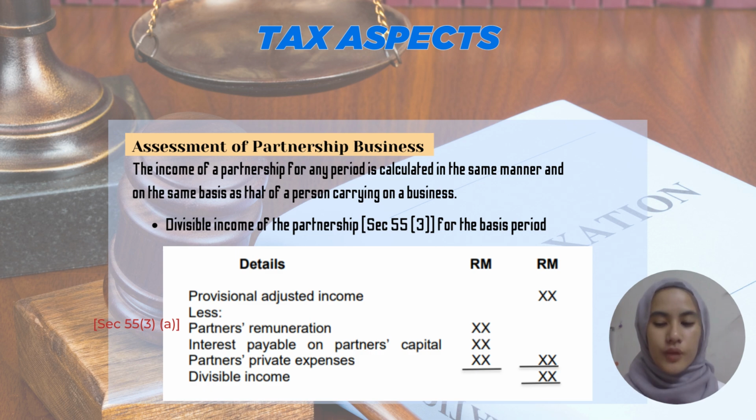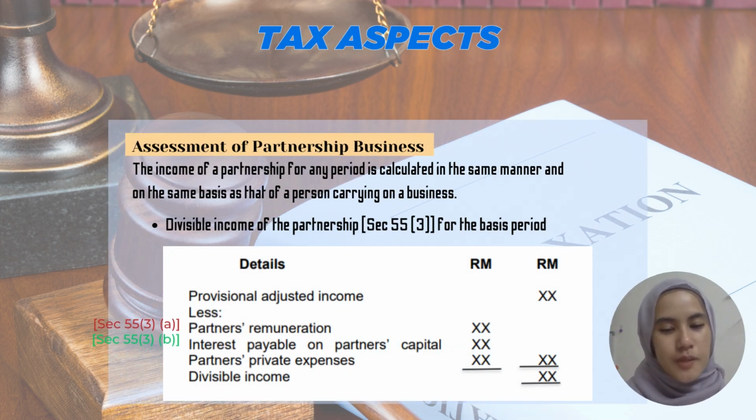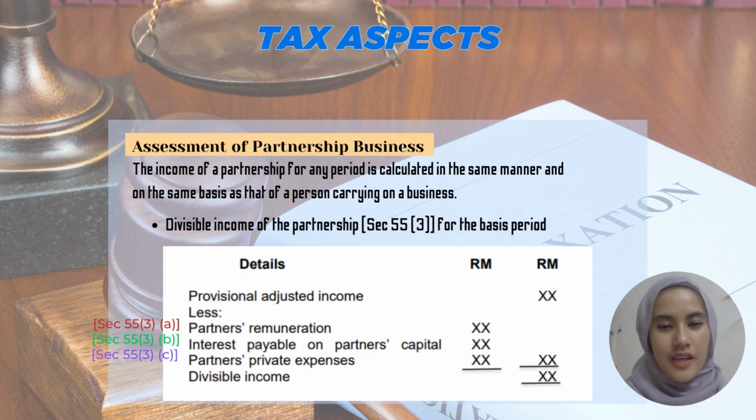Then following that is section 55 subsection 3 paragraph B, which is interest payable on partners' capital, and then private expenses of the partners charged to the partnership account, which falls under section 55 subsection 3 paragraph C, and that's where we get divisible income.